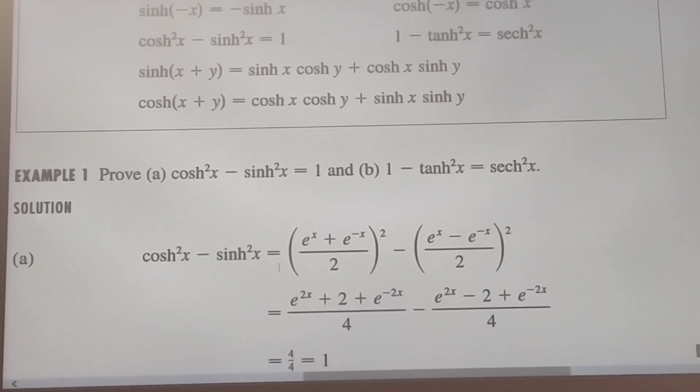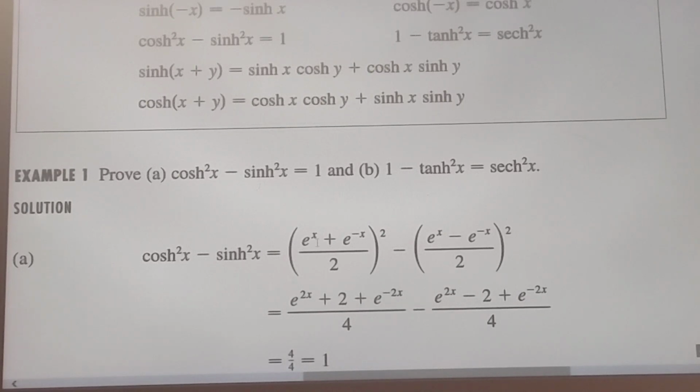So basically you start by defining what it is that you know when it comes to cosh squared x minus sinh squared x. All right, so cosh squared x minus sinh squared x, you define, put everything inside the bracket.